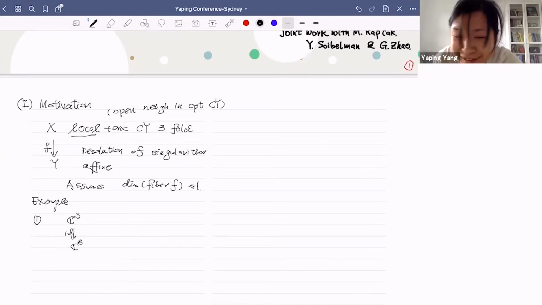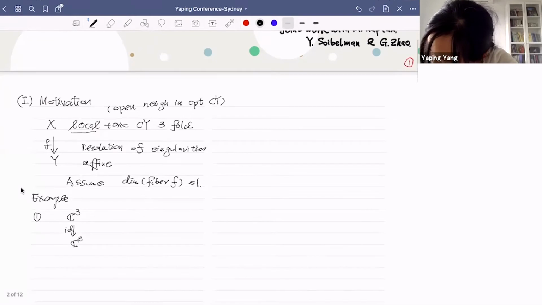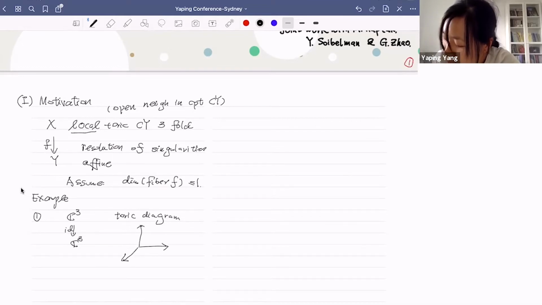I will use a physicist's way of representing this X by drawing the toric diagram. The toric diagram for C cubed is this, and all the faces are the toric divisors. So I have C2 XY, C2 YZ, and C2 XZ.